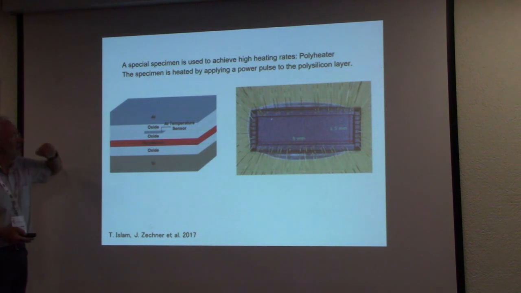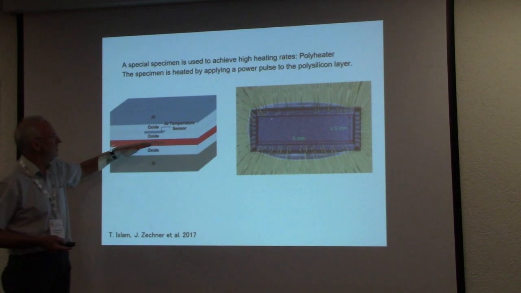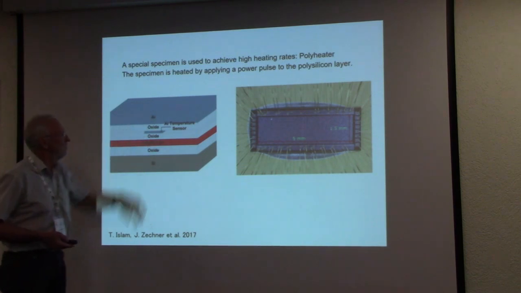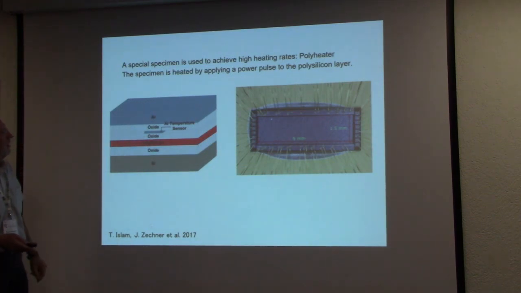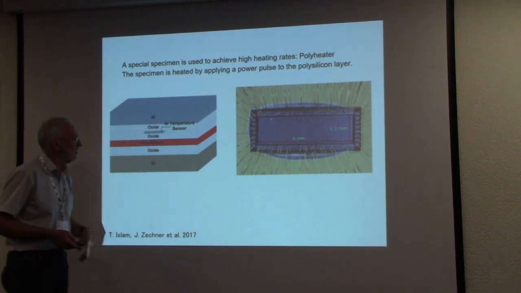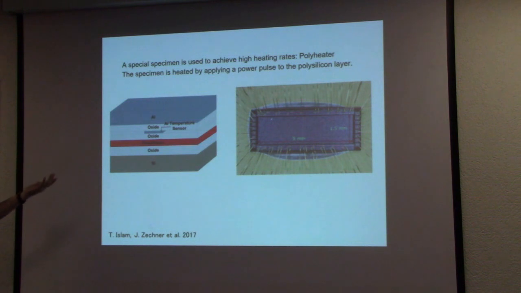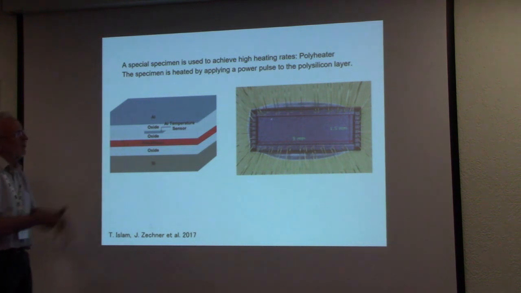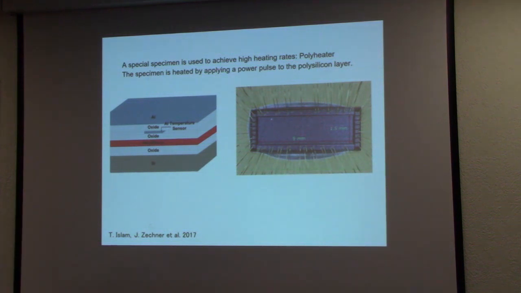And then one heats up the film very fast. Then we get the different expansion of the aluminum and the silicon. And on one side, we can measure the stresses in the aluminum from the bowing of the silicon.